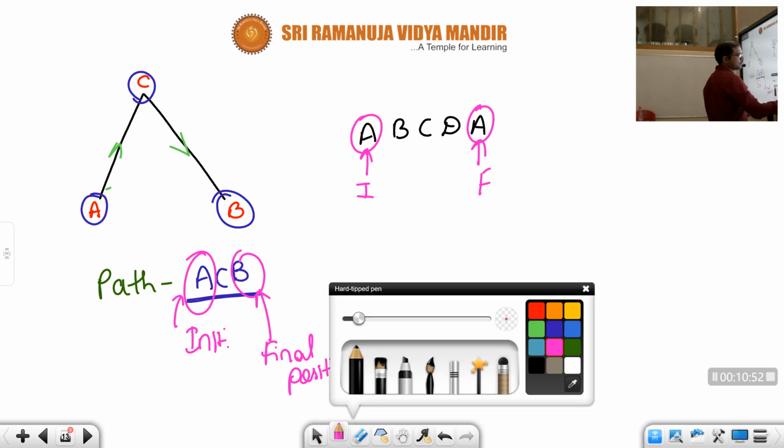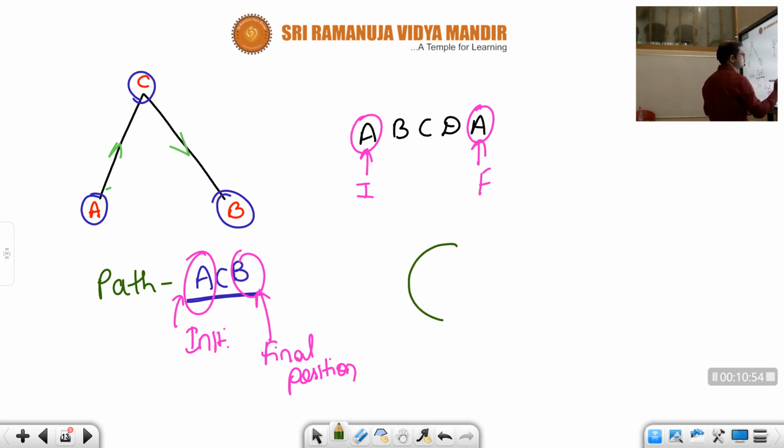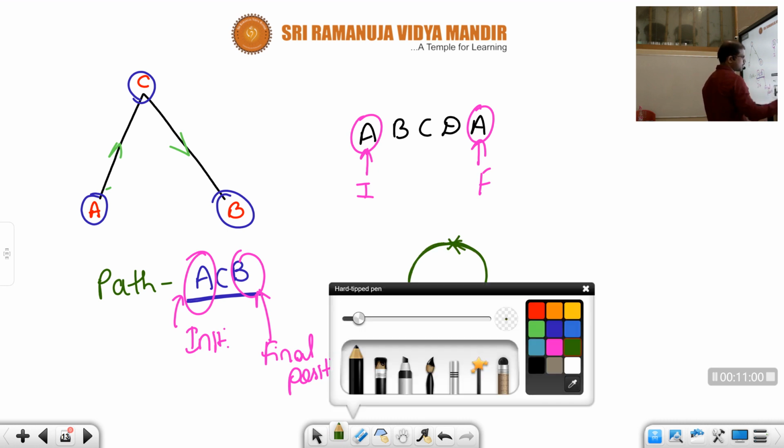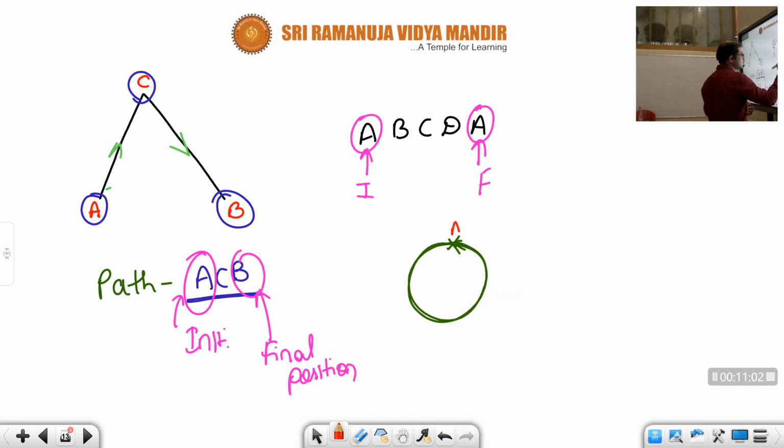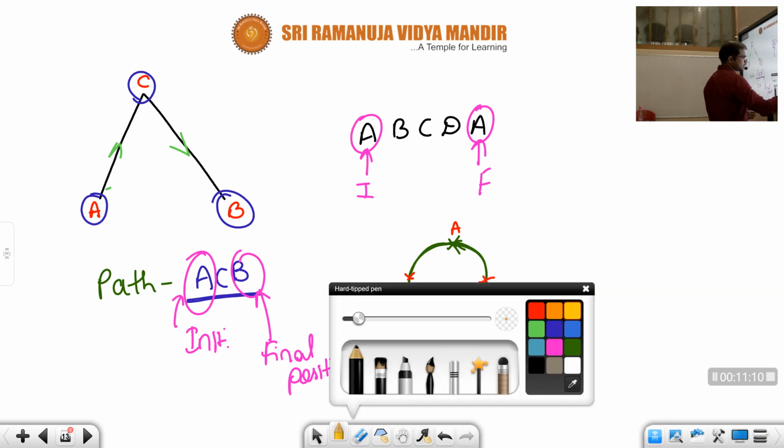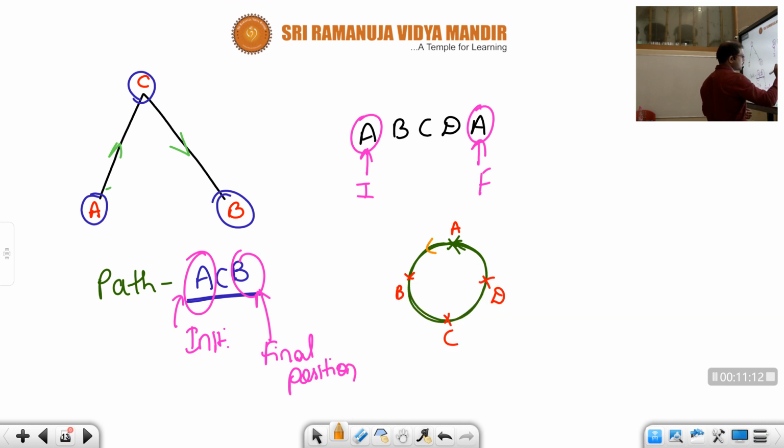If you draw a circle, at whichever point you start, you will end up at the same point. Let us consider this one point A, this one point B, this one point C, this one point D. It started from A, A to B, B to C, C to D, and D to A. Where it started, there only it is ending.